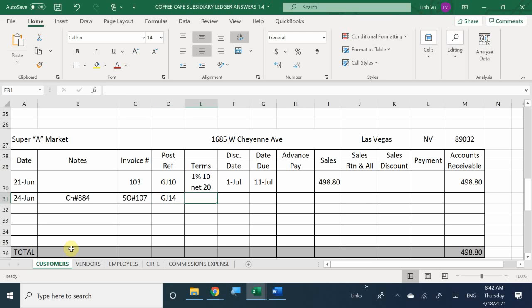General journal number 14. We didn't send the invoice out yet. And it's technically not an advance payment yet, right? When we deliver the order, that's when we'll use it as an advance payment.